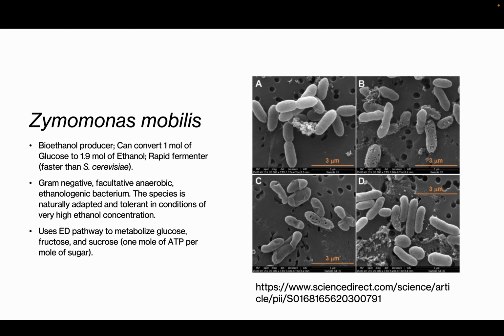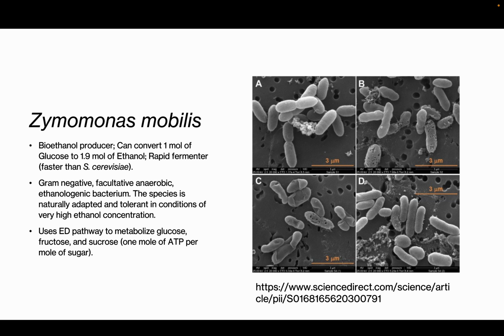Its bioactivity is preferential to the production of high amounts of ethanol. It's actually adapted and very tolerant to conditions of high ethanol concentration. So in industrial settings where the fermenter keeps producing ethanol, continuous production of the output does not inhibit the integrity of the microbe, since it can persist in such an environment.